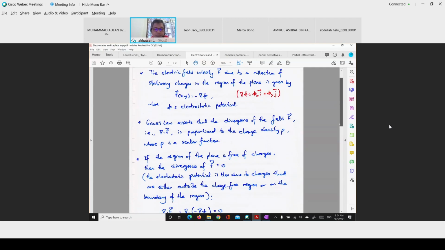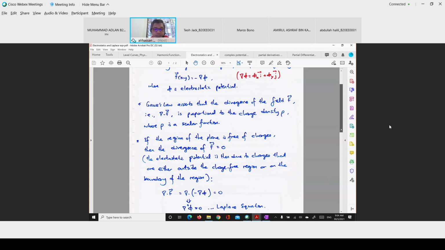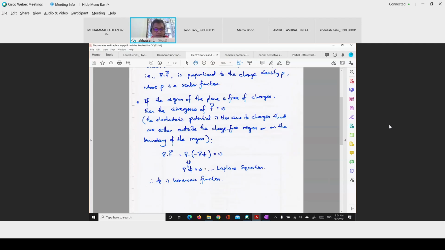It can be shown here using some laws of physics that phi satisfies a Laplace equation here. These are some vector calculus notations, which I will discuss with you sometime later. But what I want to show you is that it leads to a Laplace equation. So phi is a harmonic function.